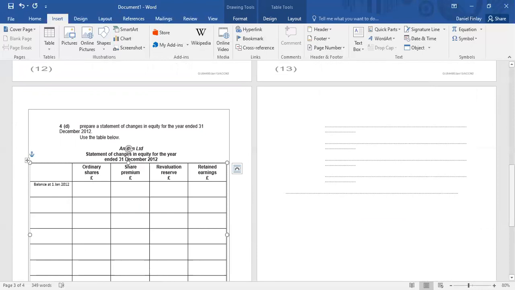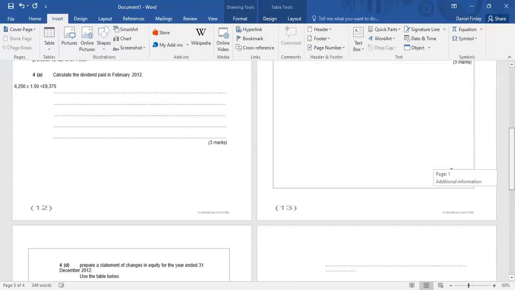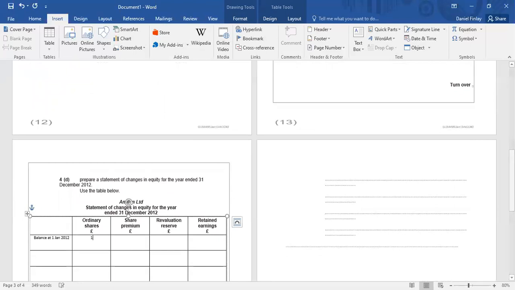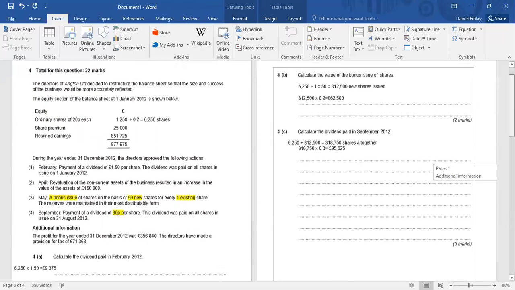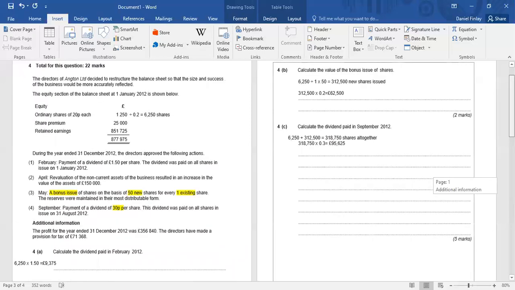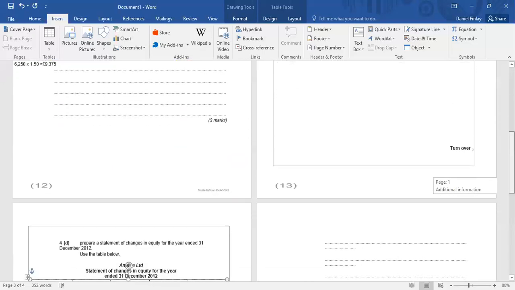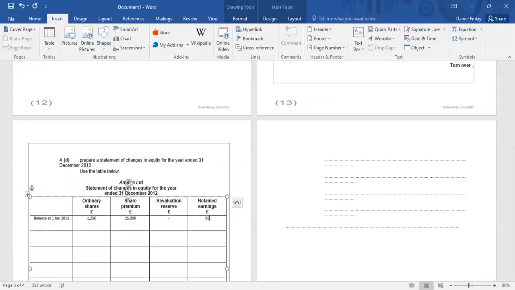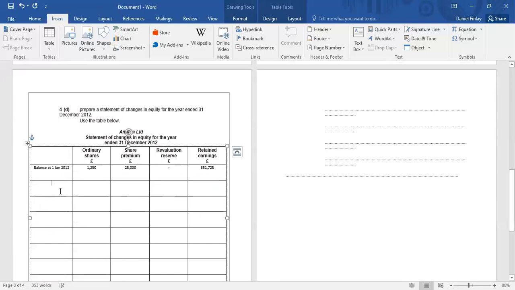So I'm just going to copy these numbers from up here. 1,250. Share premium was 25,000. There was no revaluation reserve and retained earnings 851,725. Good. Okay, and then we list down the side what might change the equity.